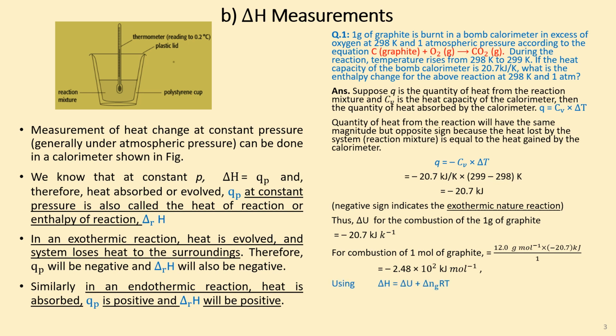Since the value of Δng equals 0, using the equation ΔH = ΔU + Δng RT, we can calculate that ΔH equals ΔU, which is −2.48 × 10^2 kJ per mole.